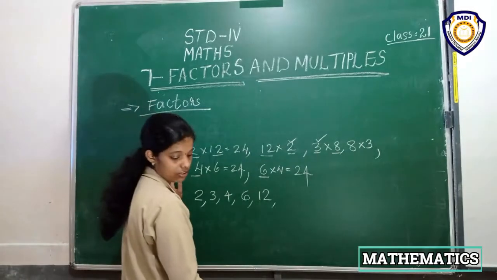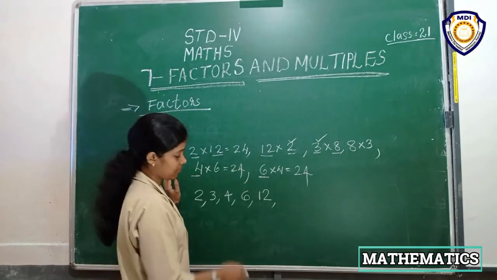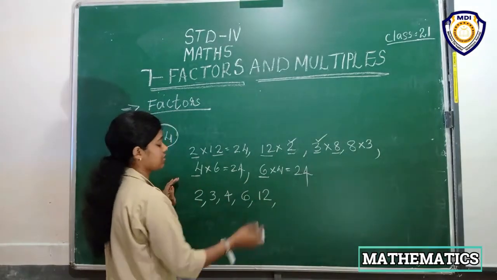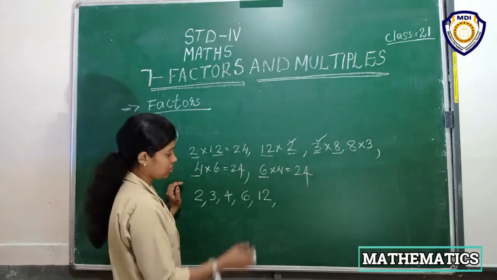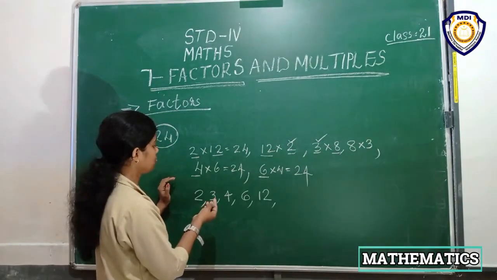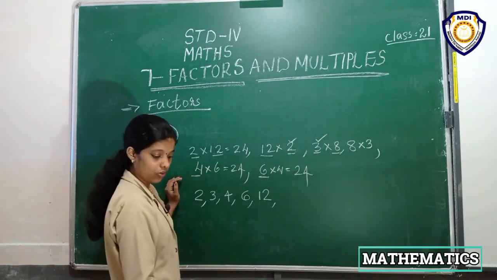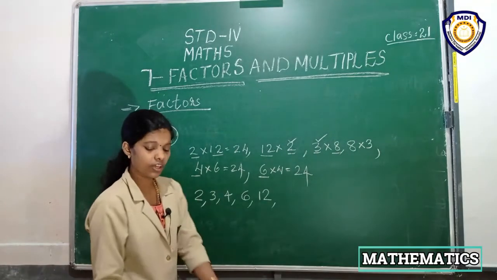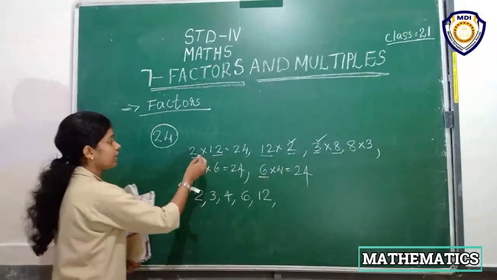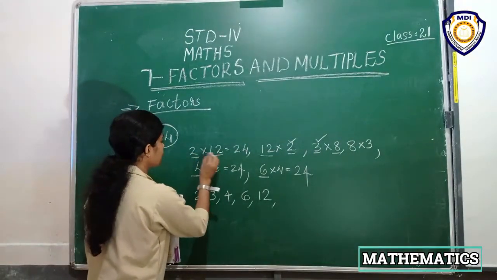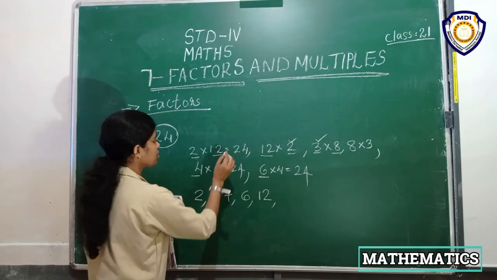This is the factors of 12, and this is the factors of 24. Okay. Did you understand this? Factors means 2 into 12 is equal to 24.